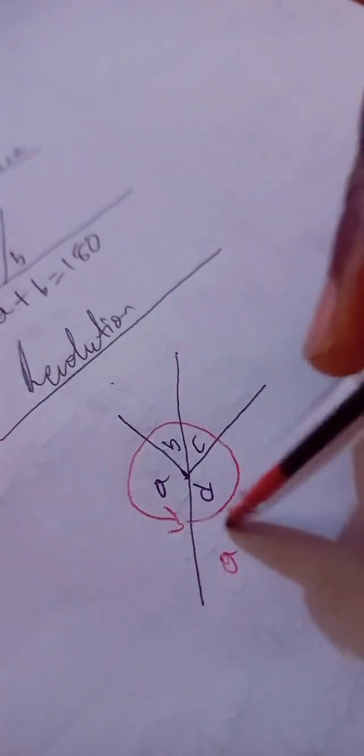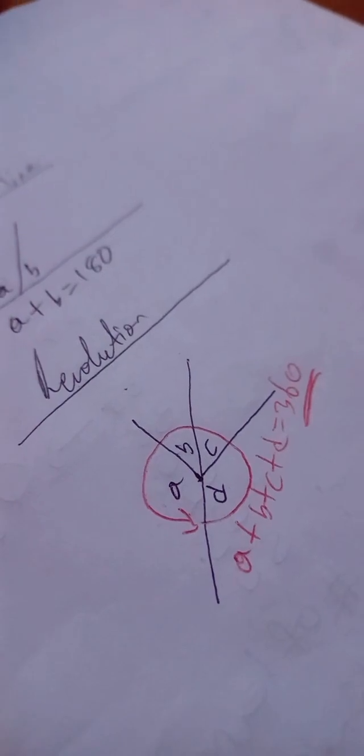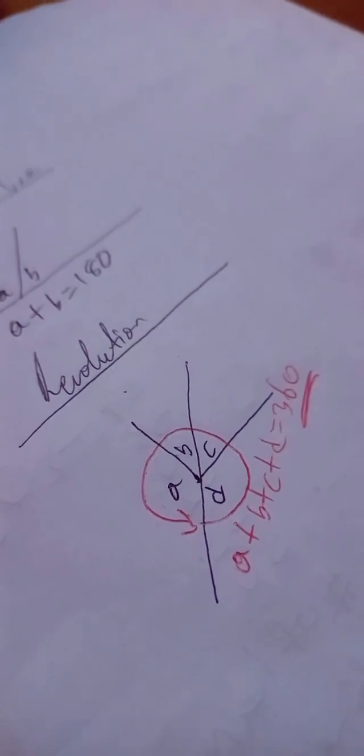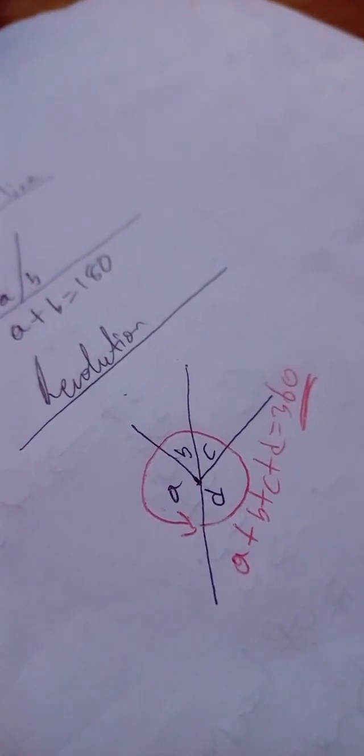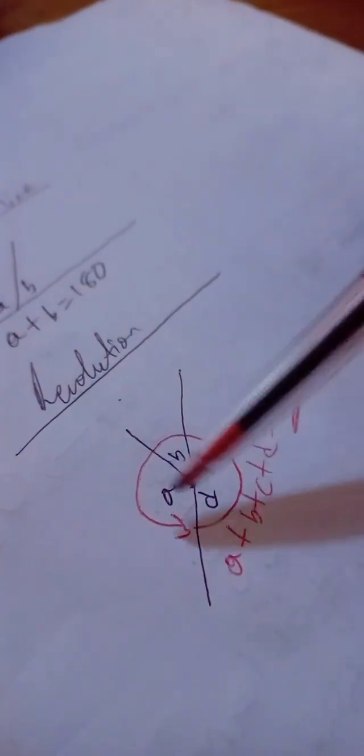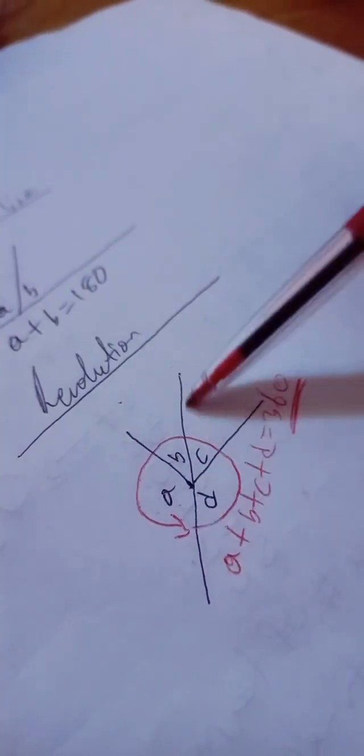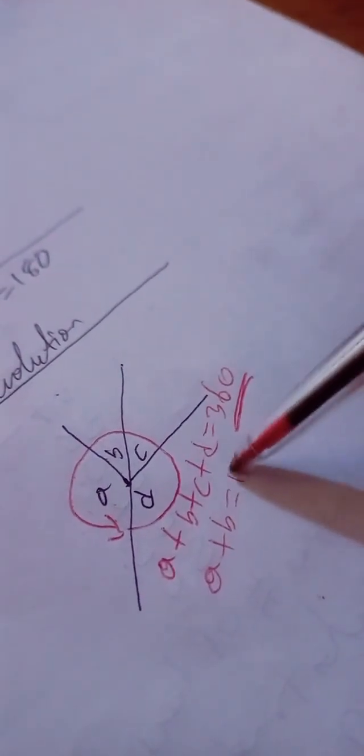So if we add all these angles, A plus B plus C plus D must give us 360. Alright? So, literally what we must know is A plus B, this is a straight line. A plus B will give us 180.